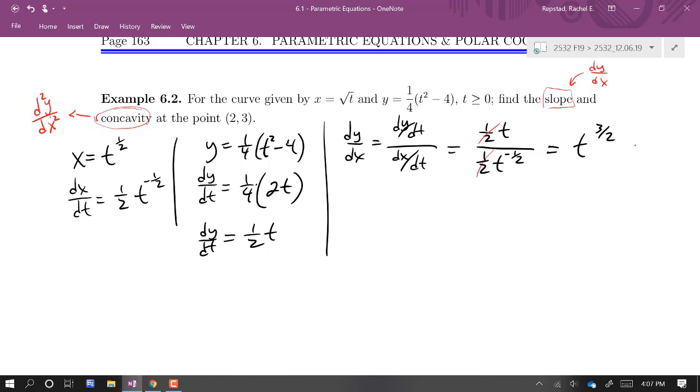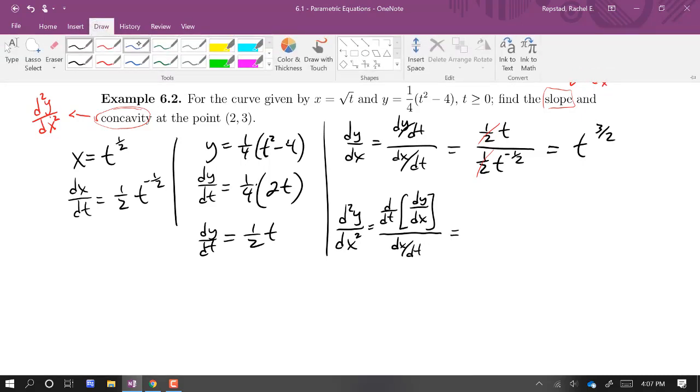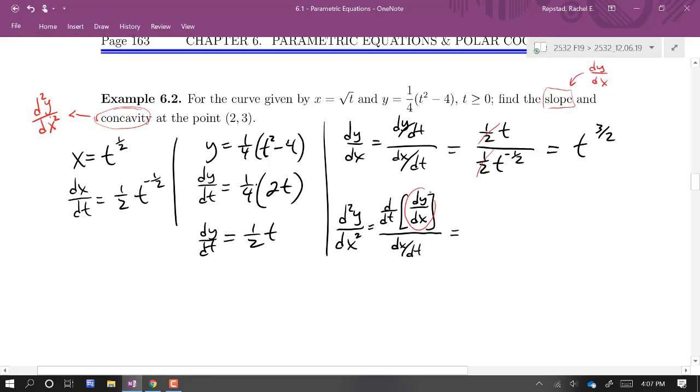Okay. So before we evaluate and find the slope, let's go ahead and find the second derivative of y with respect to x. So we're going to take the derivative with respect to t of dy/dx, and then divide that by dx/dt. So dy/dx is what we just found.